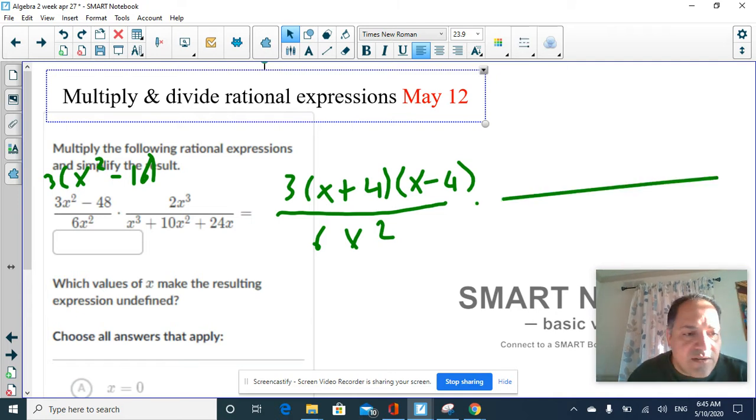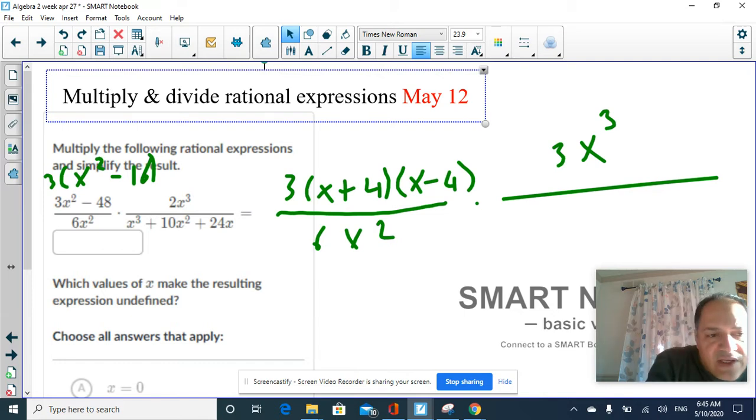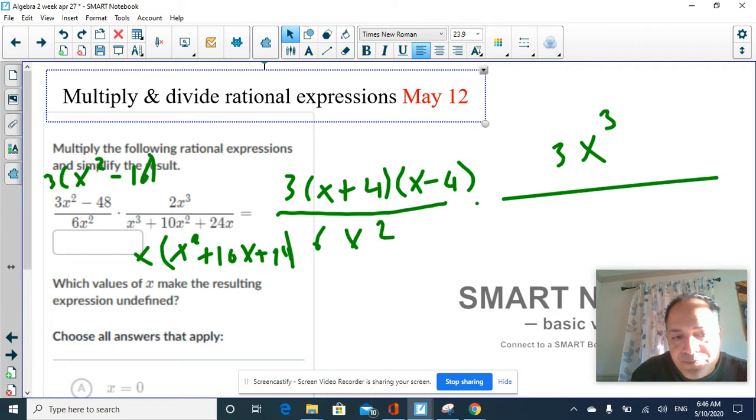This is better. The second part is we have 3x cubed at the top, and the bottom is a trinomial. If you take out x first, we have x as a common factor. So you have x squared plus 10x plus 24. How do we factor this part? Yes, we can factor it. x and x for the first part.